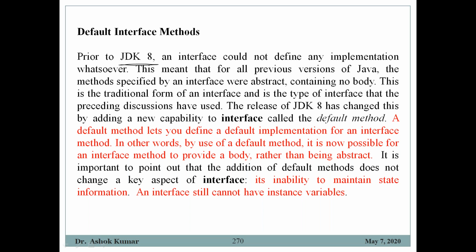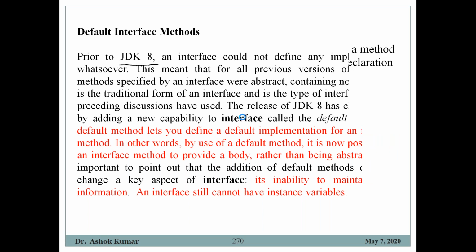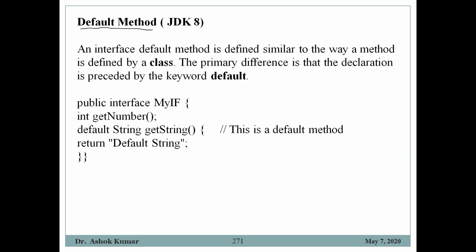So here is the example. These default methods, as we discussed earlier, were introduced in JDK 8 and are available in the later versions of Java as well. So here is the default method. See, we have a public interface. This is a method that we have just declared, and this is a method that has a definition as well. The method name is getString, it returns a string, and this default method is providing some definition as well.